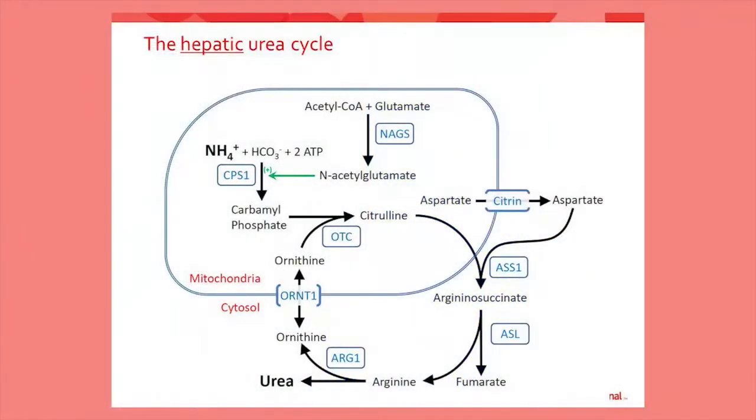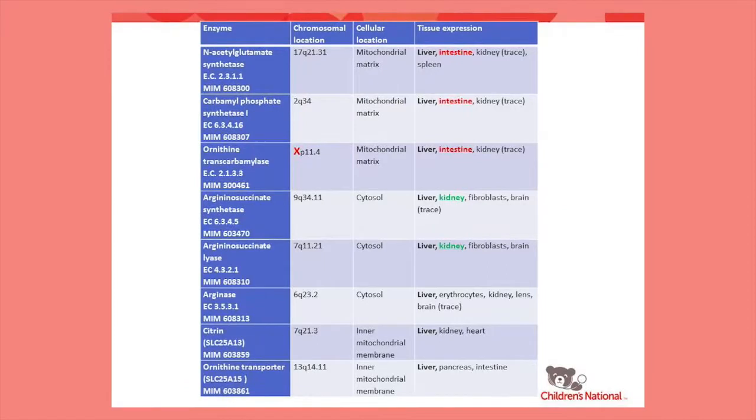So once you transplant a patient, it's important to remember that you're only correcting the hepatic urea cycle, but these enzymes are expressed elsewhere in the body as well, right? Here you can see the different enzymes: NAG synthase, CPS1, OTC, ASS, ASL, arginase, citrin, and the ornithine transporter.